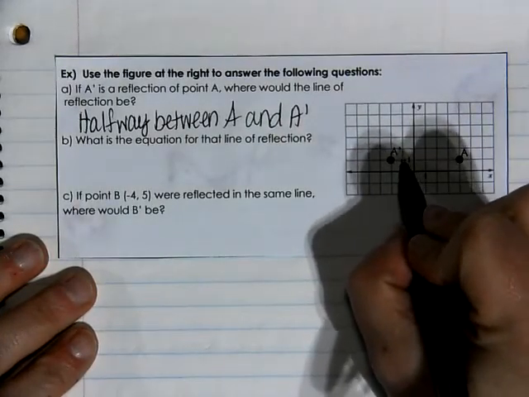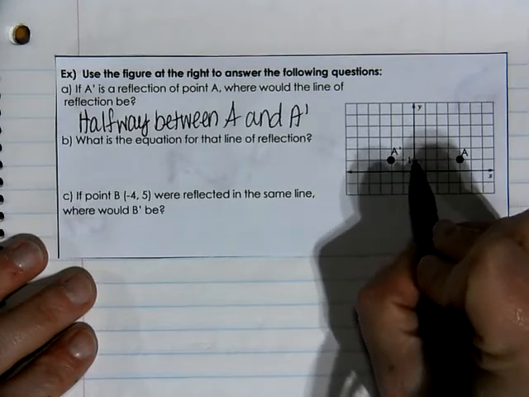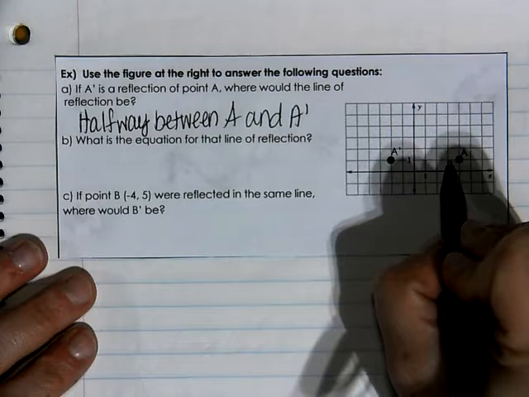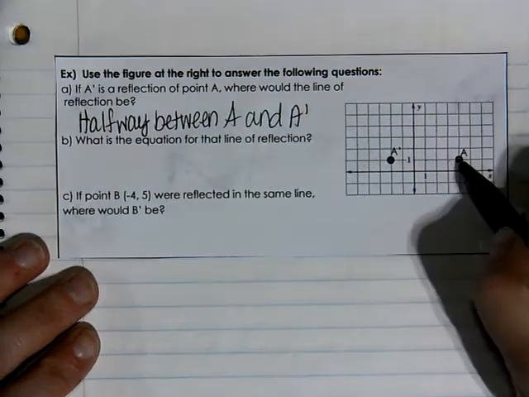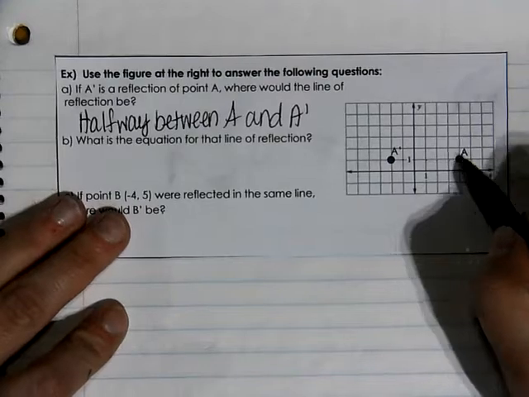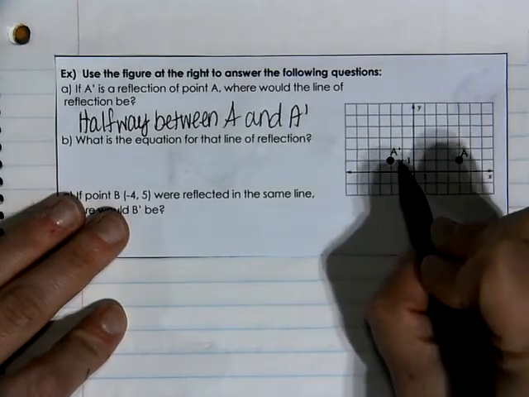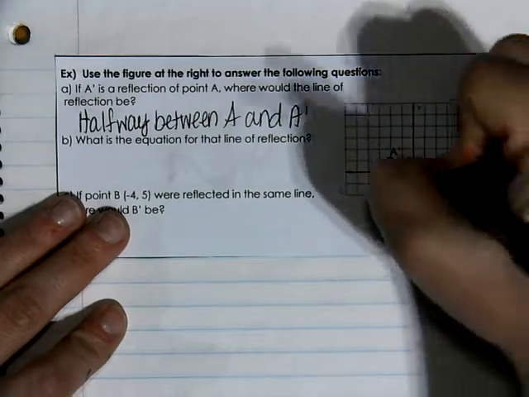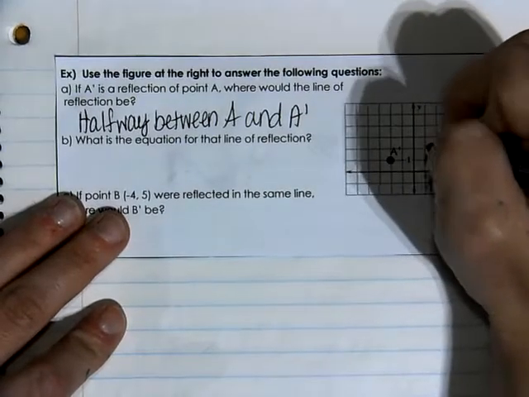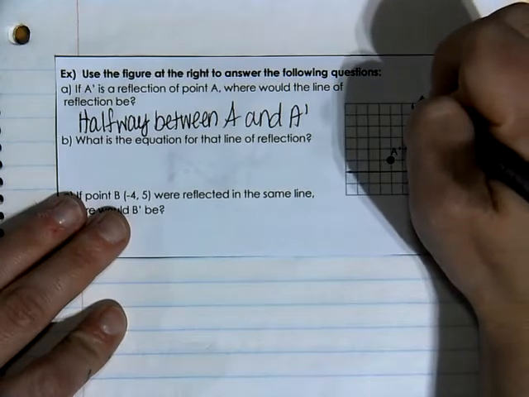So if I were to count the distance between A and A prime, it would be 1, 2, 3, 4, 5, 6 units. So half of 6 is 3 units. So I'm going to count 3 units going from A prime to A. 1, 2, 3. And my reflection line is going to be a vertical dashed line.